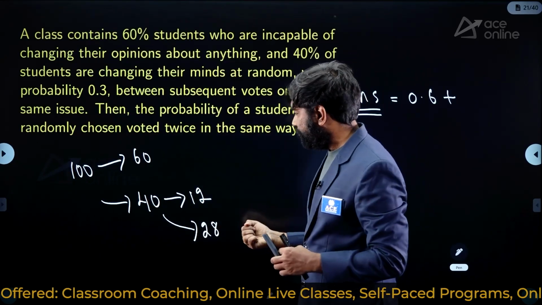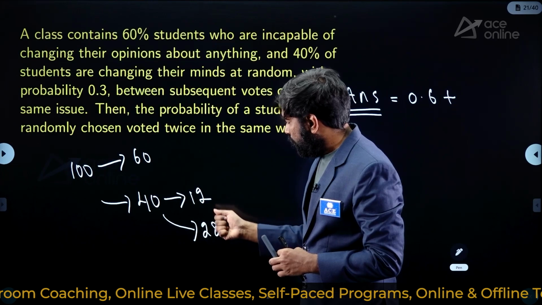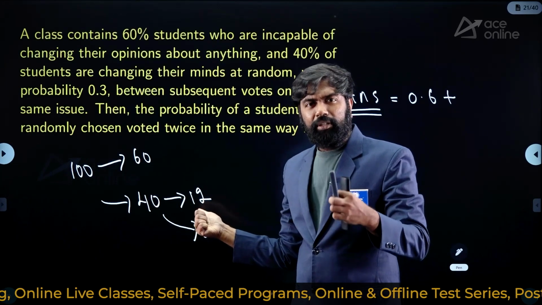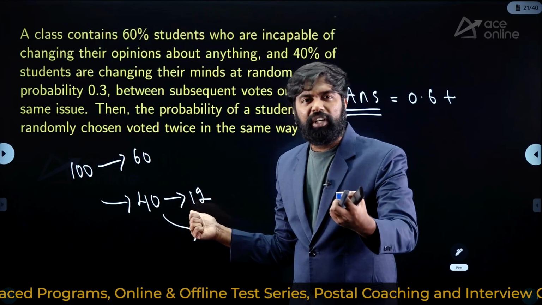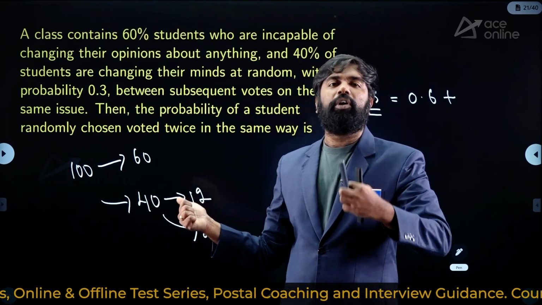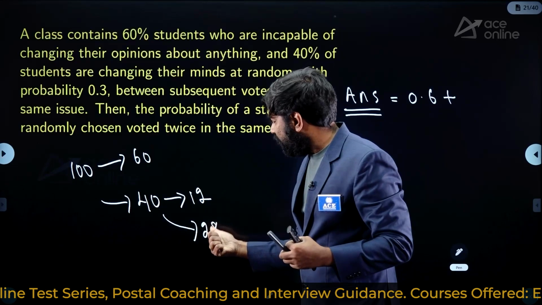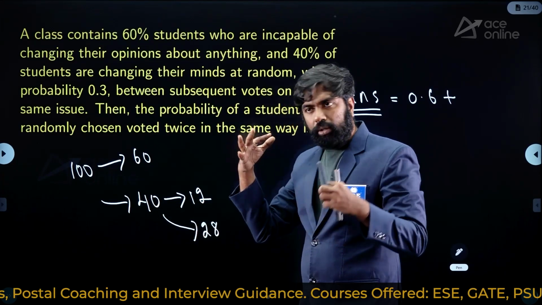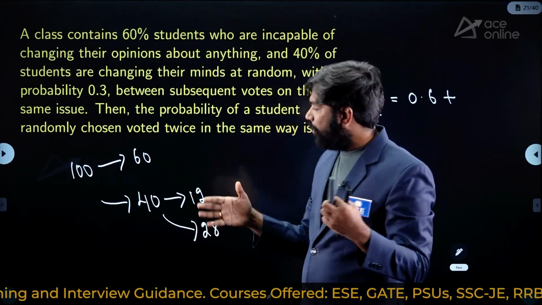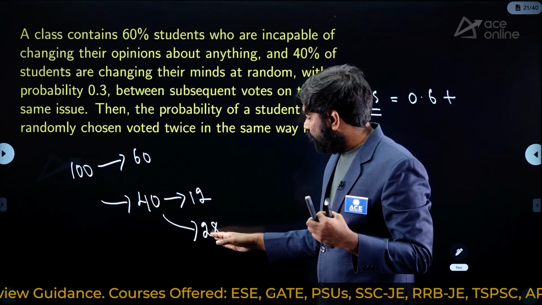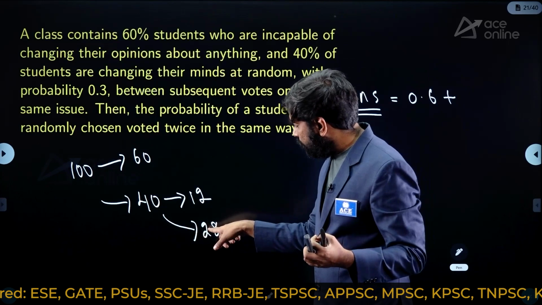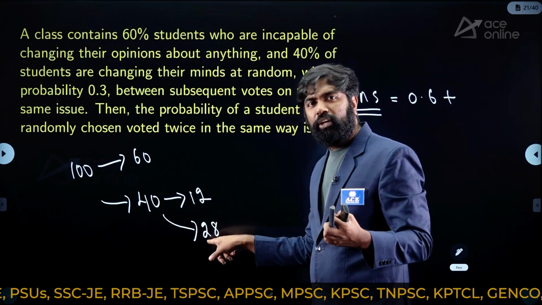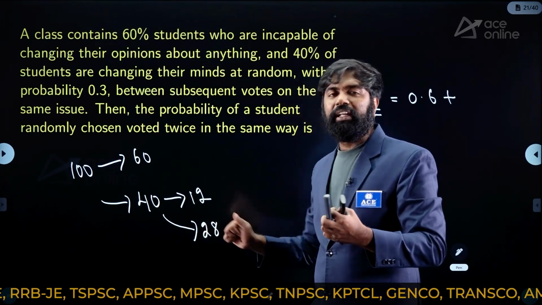For example, from these students, there are 12 students who, if today they have voted for the party called X, then tomorrow if elections are held again, they will vote for a party called Y. But look at this category: among these 40 persons, there are people who, if they voted for X today, tomorrow also will vote for the same party X.